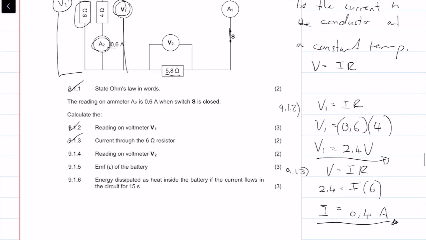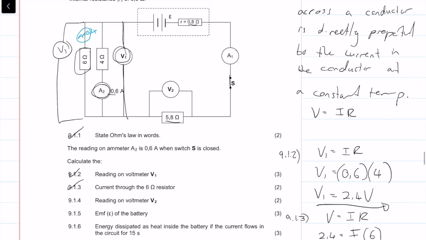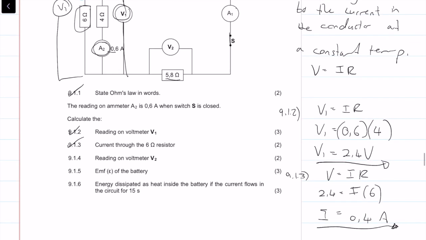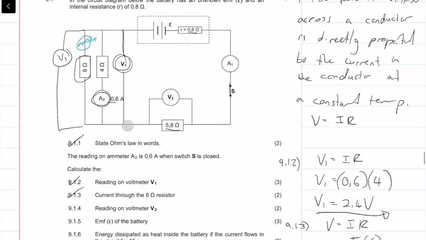Now the reading on the voltmeter V2. We want to know V2. Using Ohm's law, 9.1.4, V2 equals I times R. But if we look at this node right here, we have I1 coming in, and I2 and I3 going out.